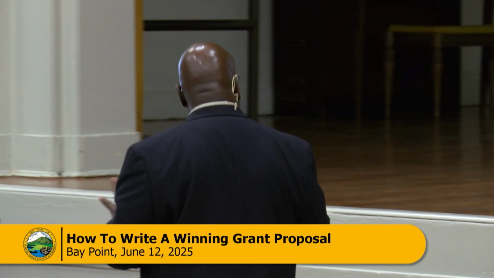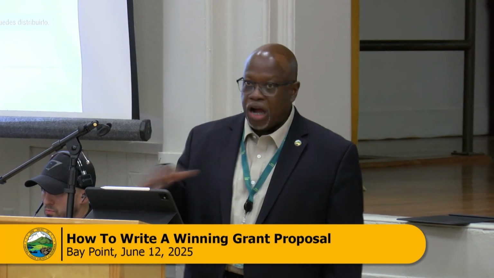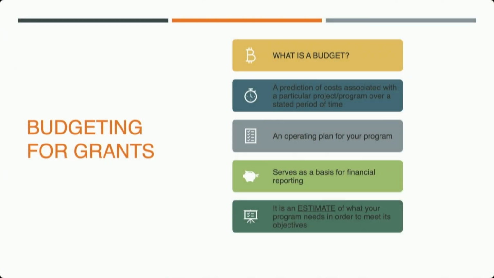But in order to get a better sense of what that budget looks like, I want to talk a bit about what a budget is. From a public administration, public policy standpoint, a budget, in my thinking, is first and foremost a policy statement. The budget states where the priorities of the organization lie.